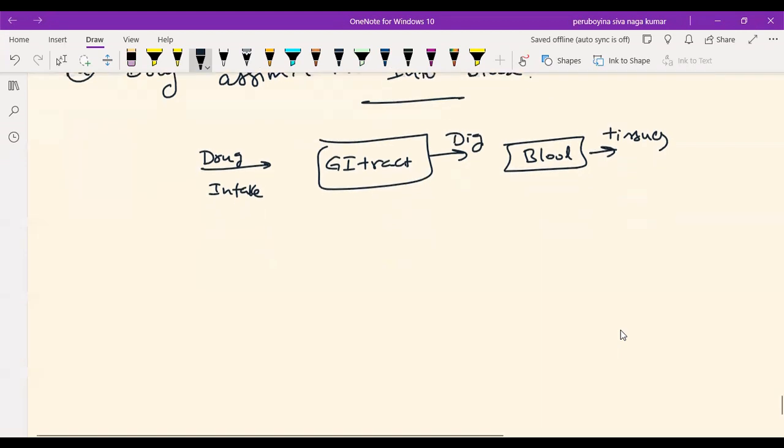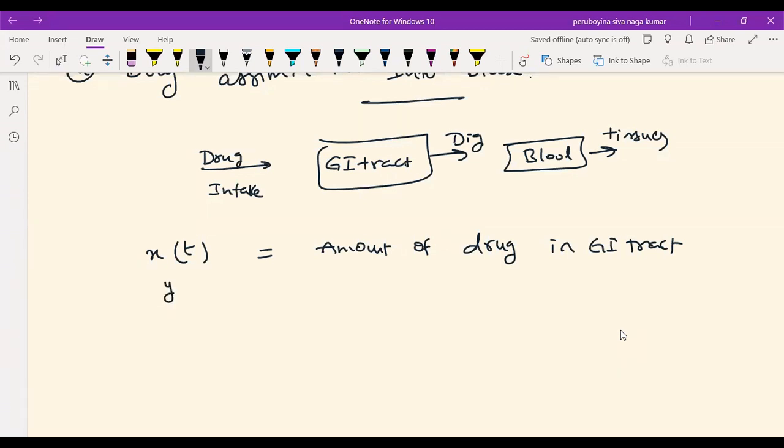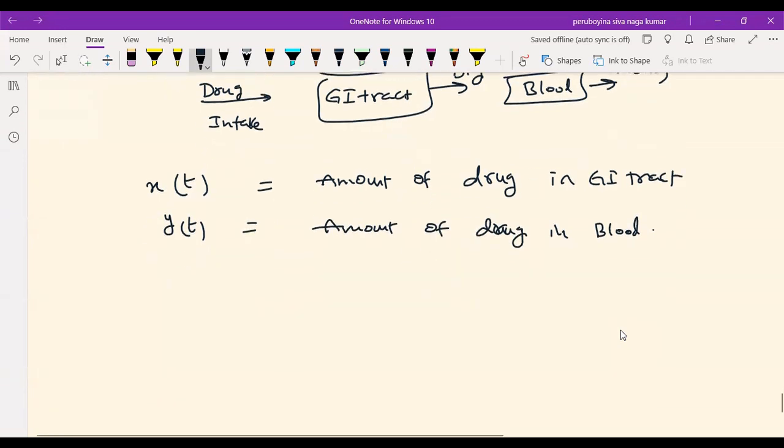So let us define some mathematical relations. x of t is the amount of drug in the GI tract at a time t. y of t is the amount of drug in the blood. So you can form a relation.